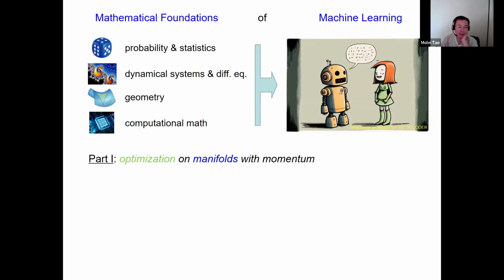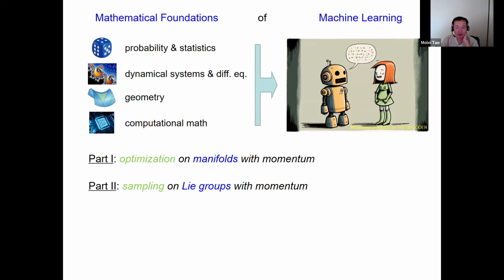It'll have three parts. The first part will be on the optimization of functions defined on a manifold. And if you are an expert, I will actually be speaking of a situation where there is momentum. So I'll be considering accelerated optimization. And then I'll take the tool developed in part one to consider a stochastic generalization where I will be sampling a statistical distribution defined on manifolds.